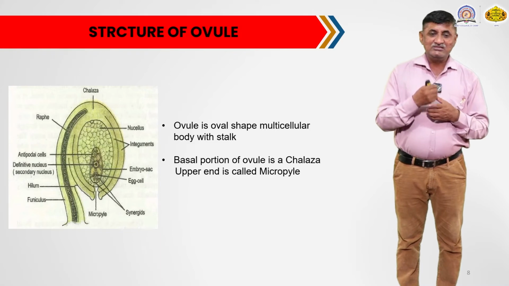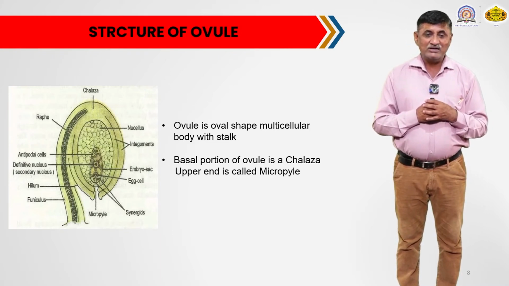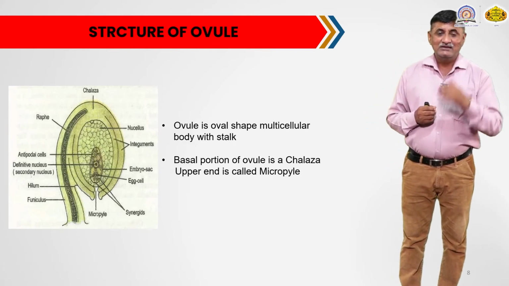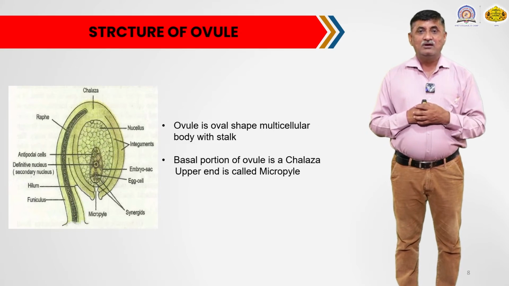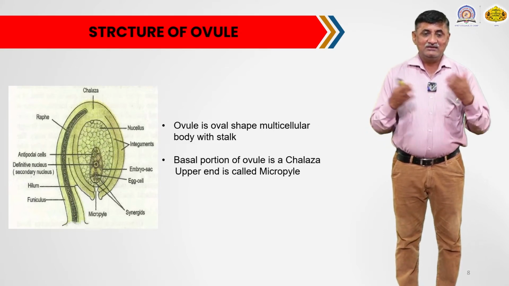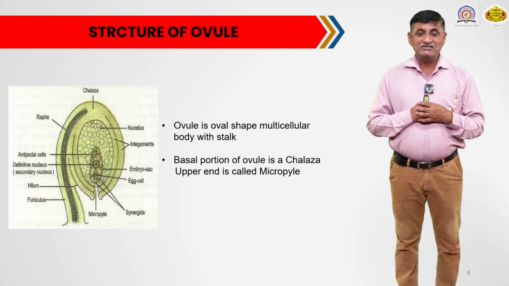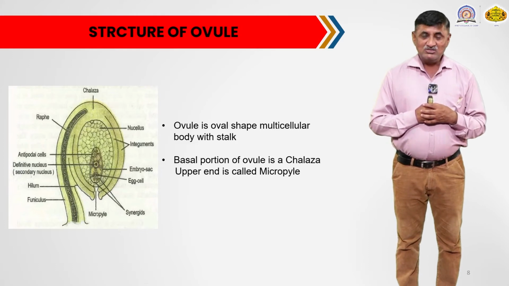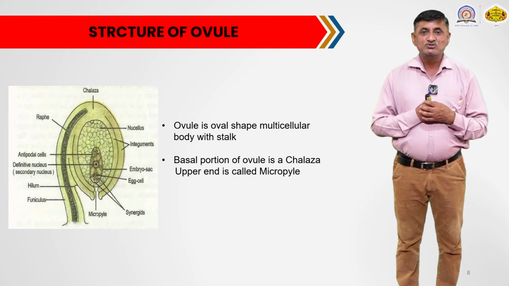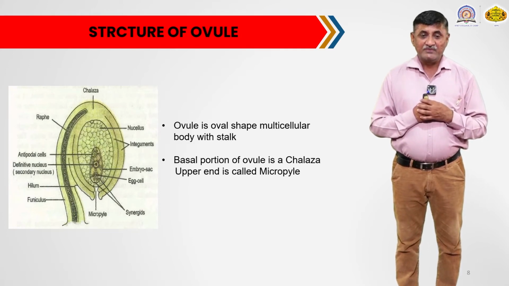Also you can see there is a multicellular stalk of the ovule, which may also be called the funiculus. The chalazal end is the lower portion near the funiculus or stalk in the other kinds of ovule. Inside the nucellus there is the presence of the embryo sac. This embryo sac may again be of different types on the basis of how many nuclei are present inside it.